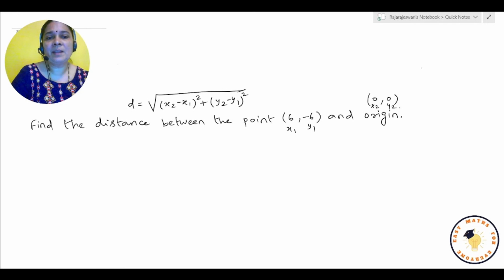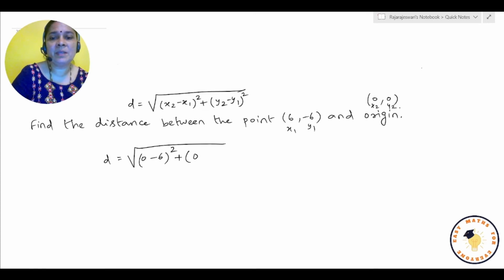We are going to find the distance between these 2 points. So, D is equal to the square root of (x2 minus x1, that is 0 minus 6) whole square plus (y2 minus y1, which is 0 minus of minus 6) whole square.